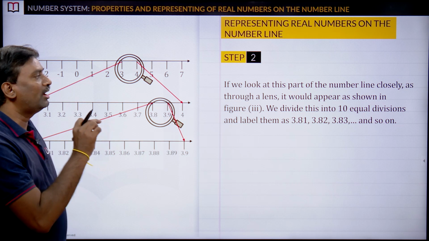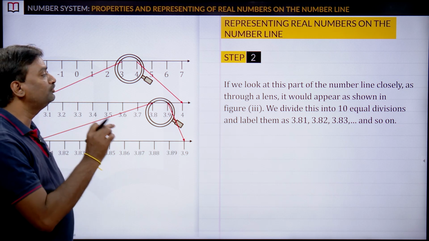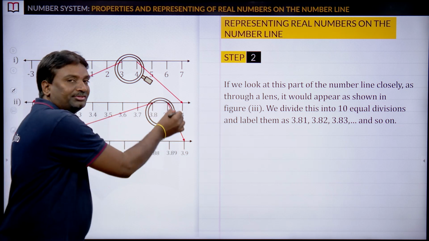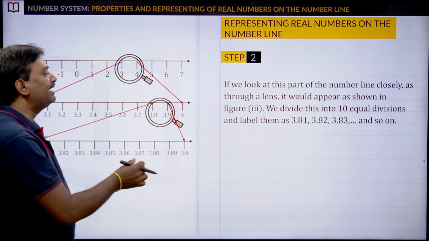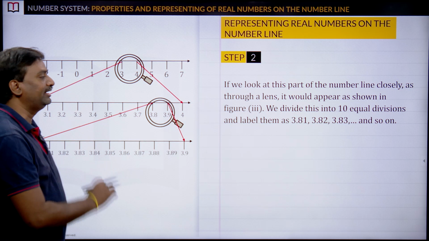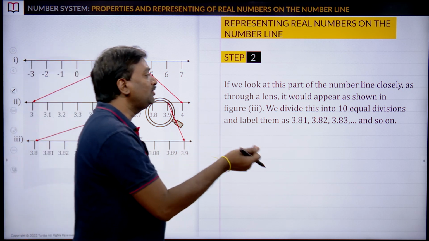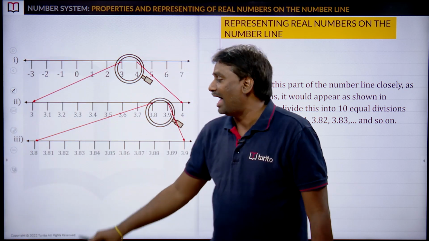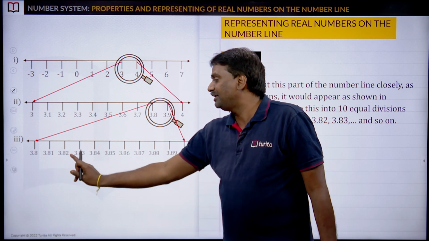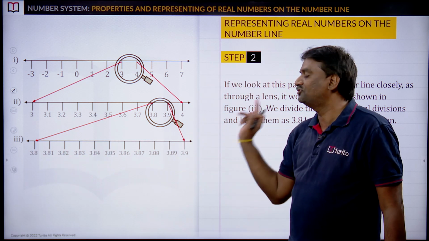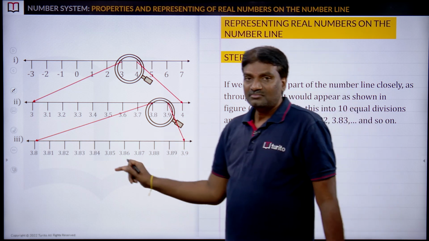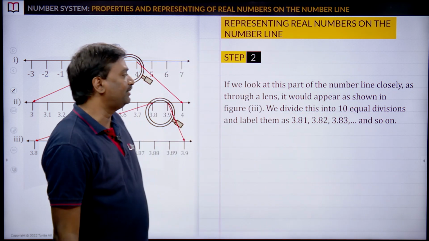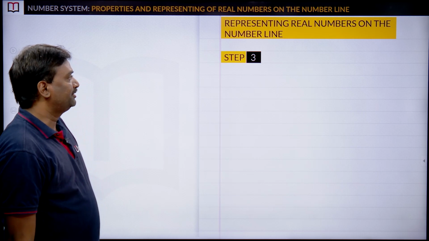This circle represents the lens, and it would appear as shown in figure 3. We divide this into 10 equal divisions, and then you will get figure 3. Next, step 3.